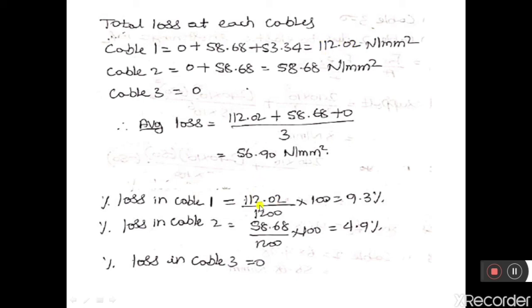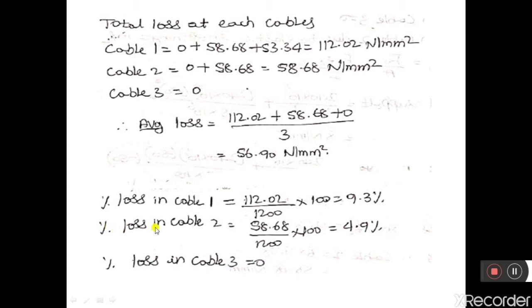What's the total stress applied to the cable? It is 1200. Therefore, total loss in cable 1 divided by the initial prestress applied to the cable, 1200, into 100, which gives 9.3%. So the percentage of loss of prestress in cable 1 is 9.3%.